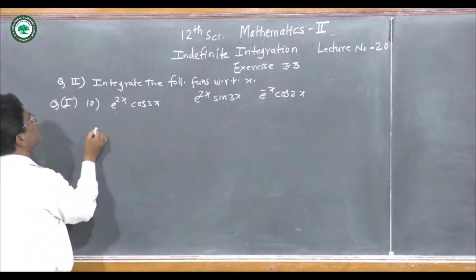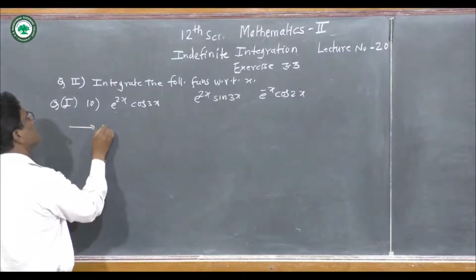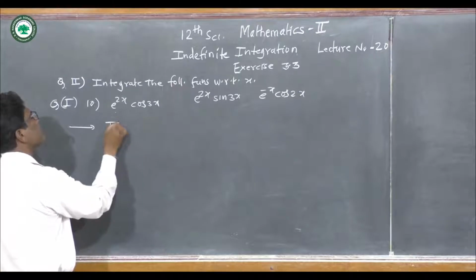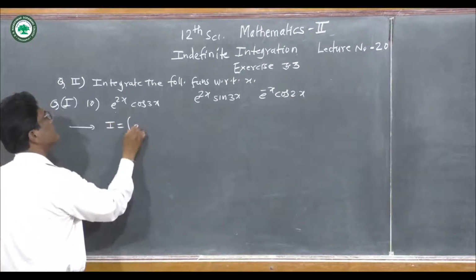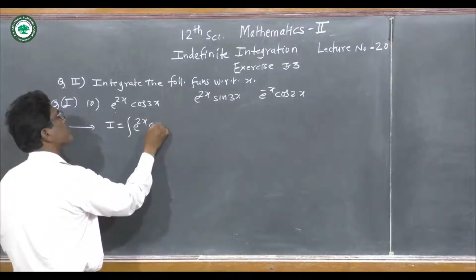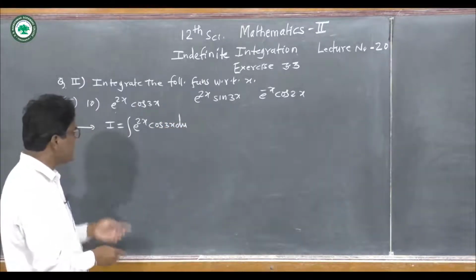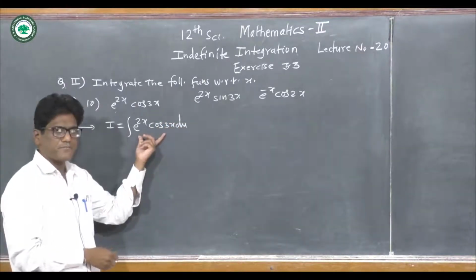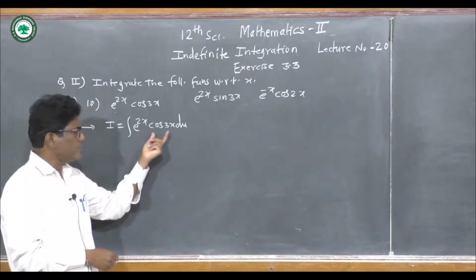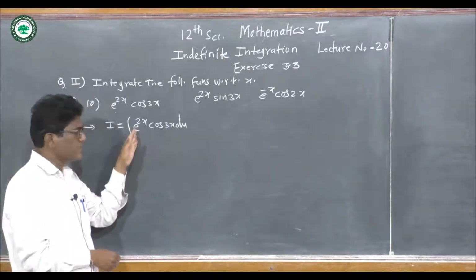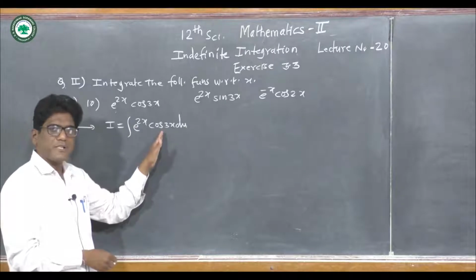So the solution of this problem. Let I equal the integration of e to the power 2x cos of 3x dx. Here is the integration of a product of two functions, e to the power 2x and cos of 3x, an exponential function and a trigonometric function.